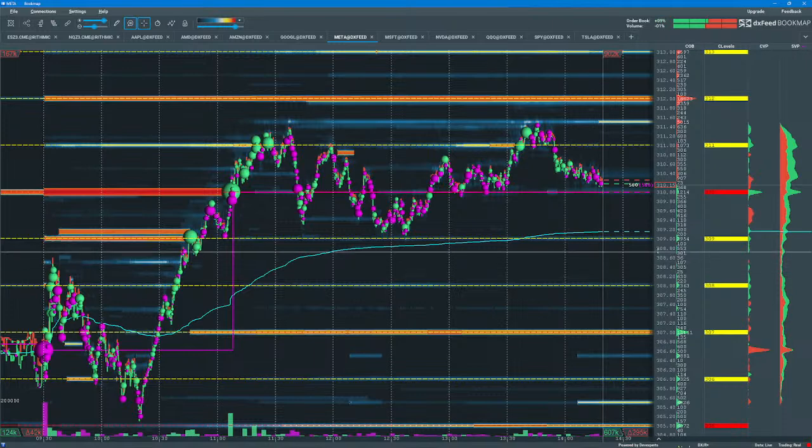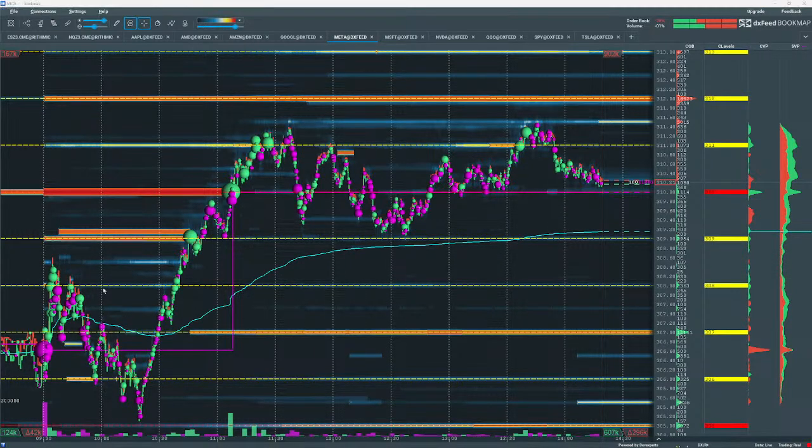All right, so here's Meta. Trend break, reversal higher. Let's see what options traders were doing in Meta.